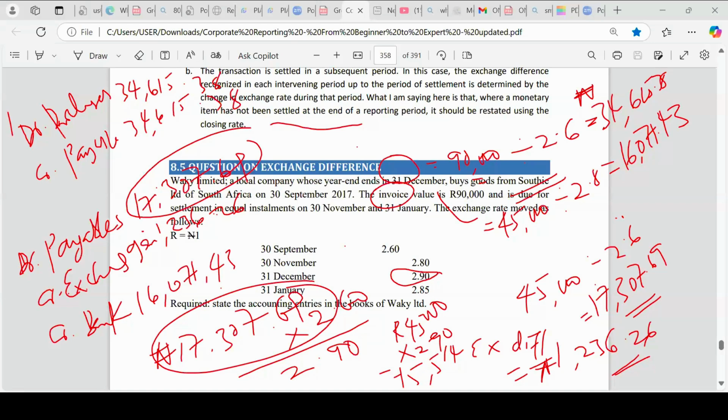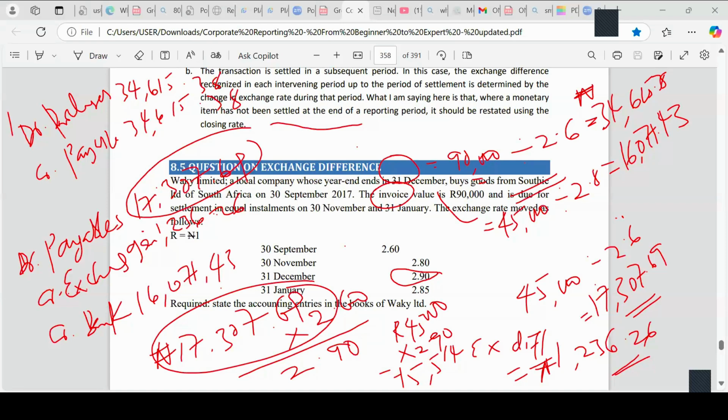Why is my calculator not working? What do we get? About 1,800 or thereabouts. We now go to my unrealized exchange gain.